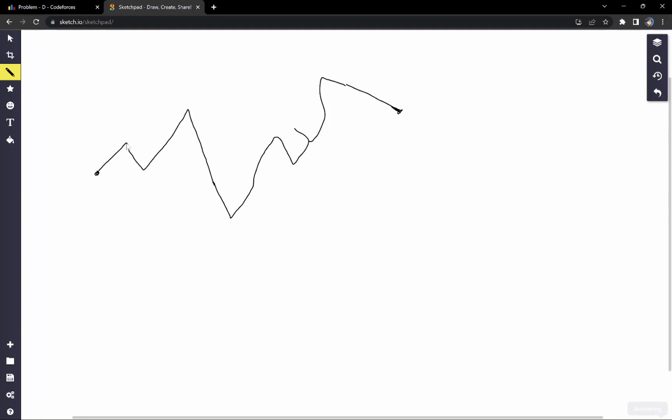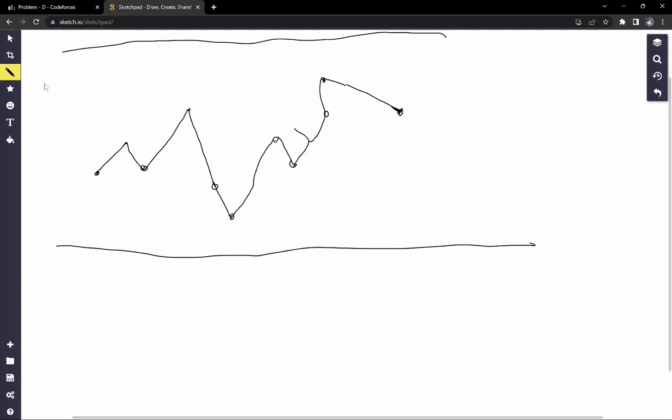So these are the points where it is increasing or decreasing its rating, right? So these are the particular rating values. So we can visualize what the value of rating b could be.